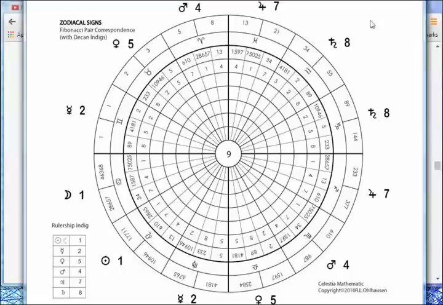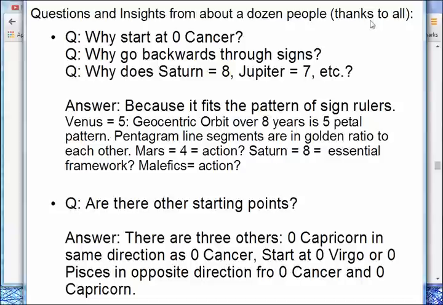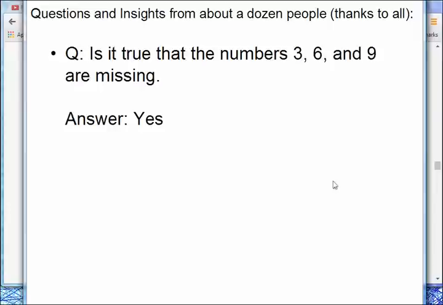Okay, so just to talk about this, there are actually 4 points, just to give a more comprehensive understanding of what's going on with this. There are 3 other points in addition to the zero Cancer that would create symmetric patterns. That's just going over the observation and what the facts are.